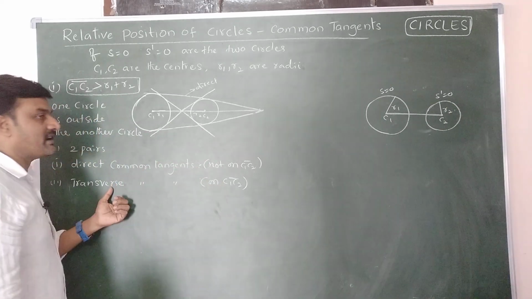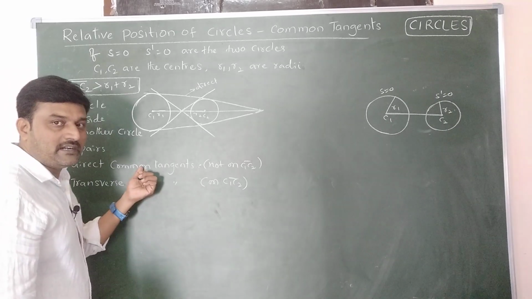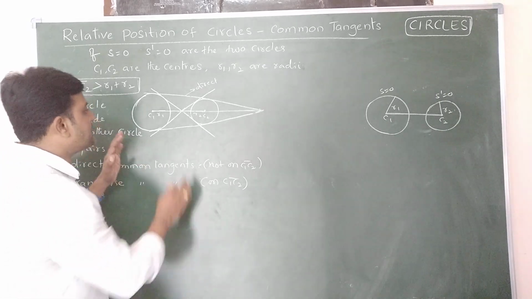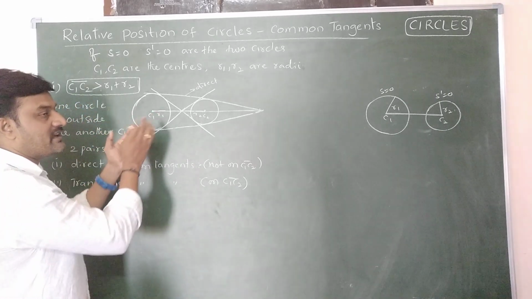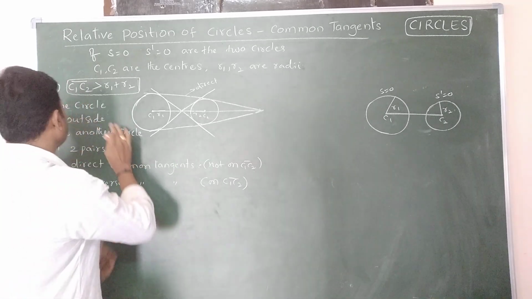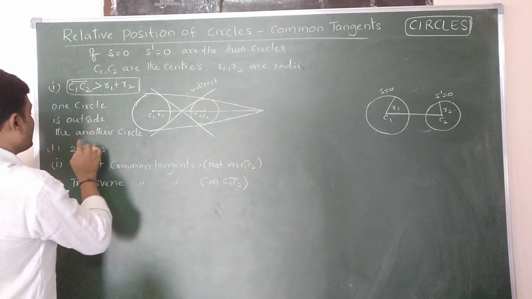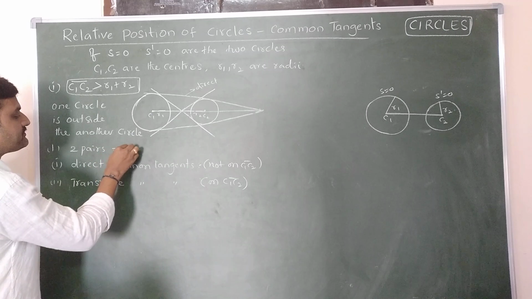That's why these are called transverse, and these are called direct common tangents. This is the position of circles and the common tangents: two pairs, total 4.